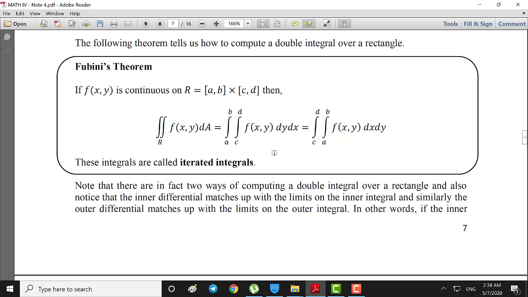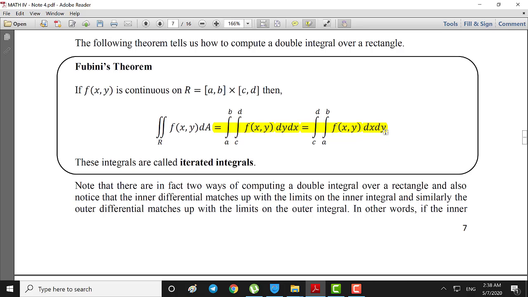Note that there are in fact two ways of computing a double integral over a rectangle. We can calculate the double integral in this way or in this way. For every double integral over a rectangular region, that is true.